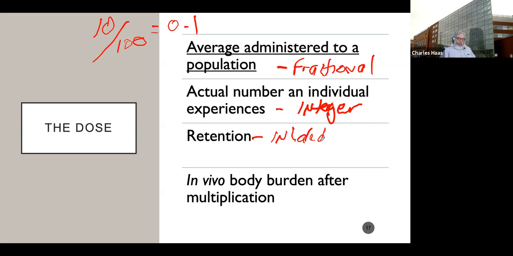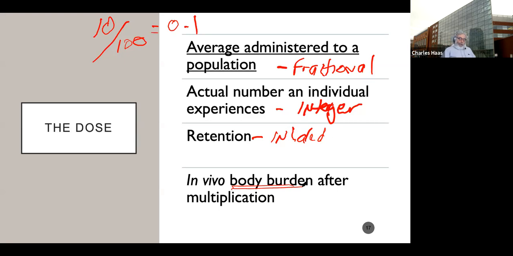And then finally, we can talk about what the body burden is after multiplication. So when an organism is inhaled and retained, some of the organisms will multiply in vivo in the body. And it's really only then that we start to get the pathogenic effect.